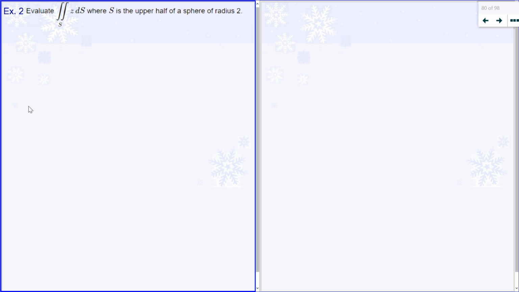So you might need to look back in chapter 9 to look at how the spherical coordinates are defined. I always have to look those up again, but we know that x is 2 sine phi cosine theta, and these are just from our spherical coordinates chapter. y is 2 sine phi sine theta. z is 2 cosine phi.